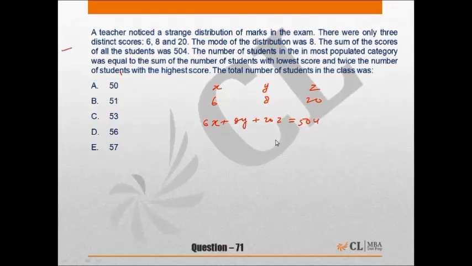And it is also given that the number of students in the most populated category, which means y, because the maximum number of students who scored a particular score was y, was equal to the sum of the number of students with the lowest score, which is x, and twice the number of students with the highest score, which means twice of z.